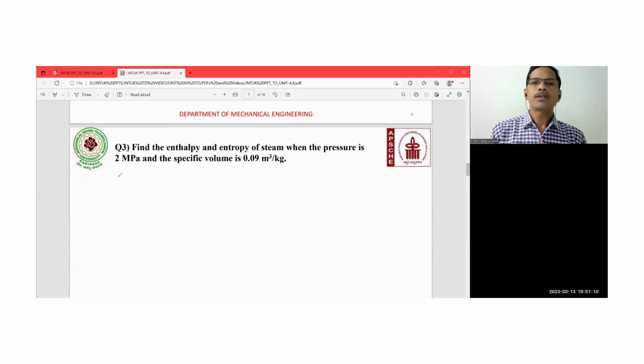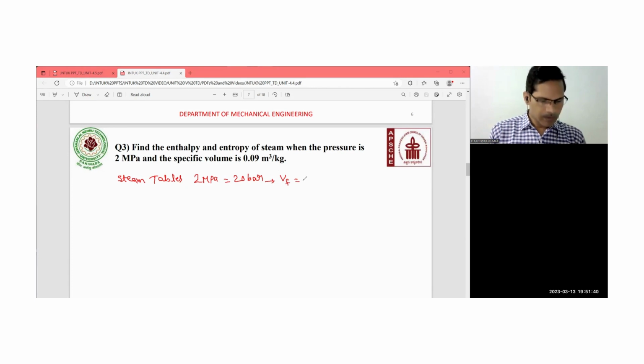From the steam tables, 2 megapascal is given, that is nothing but equal to 20 bar. At 20 bar or at 2 megapascal, you can note down that particular value.